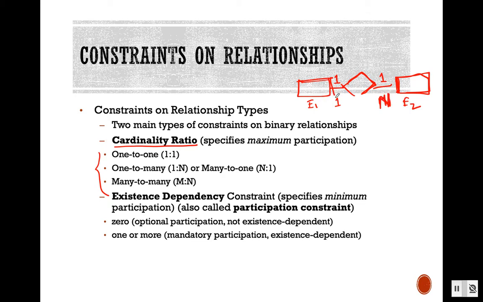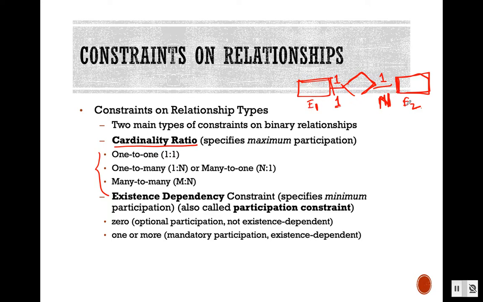So one entity from E1 type can participate with multiple entities from E2 type. And the same thing from E2 to E1 we can say as n to 1.